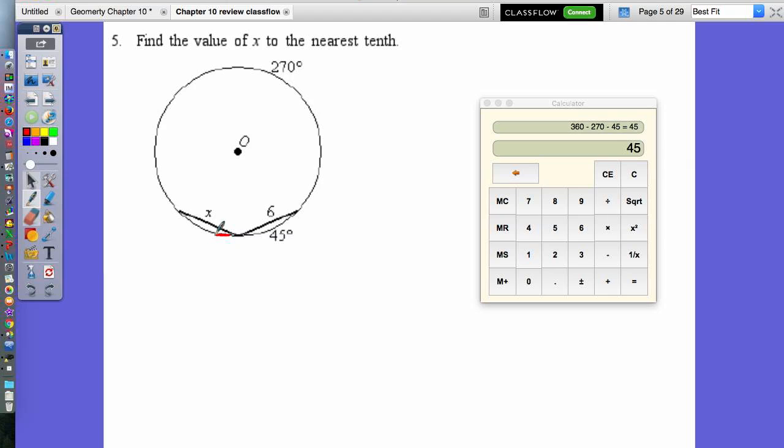That means this arc here is 45. Since both of the arcs on the same circle are congruent, the chords intersecting those arcs have to be congruent, so x has to be 6. If these weren't congruent, you really do not have enough information to do this problem.